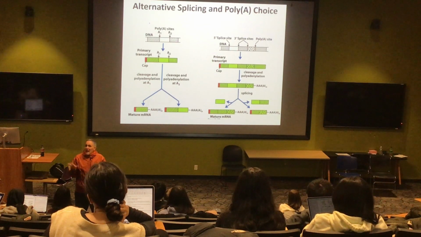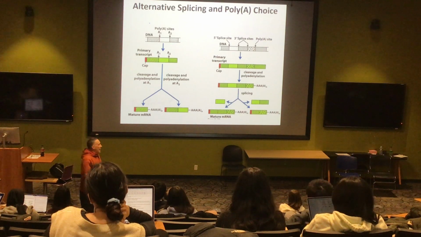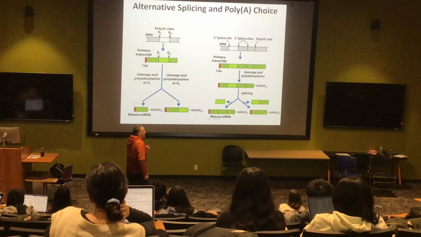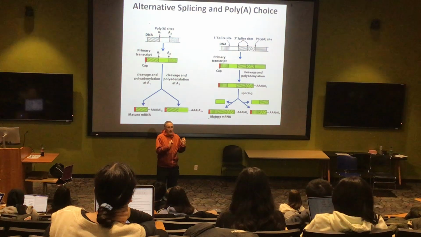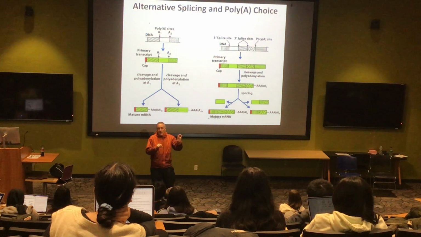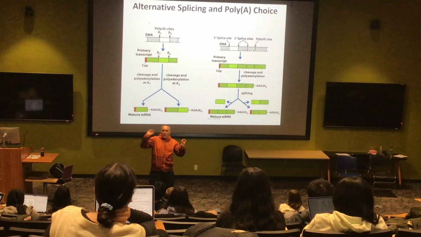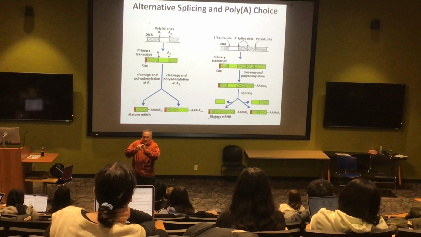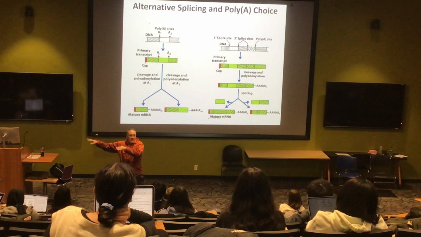But sometimes, not all of the exons are actually used. Sometimes we have a case where we have exon 1, we don't use exon 2, so we connect it directly to exon 3, and then exon 4 and 5 and 6 and so on.